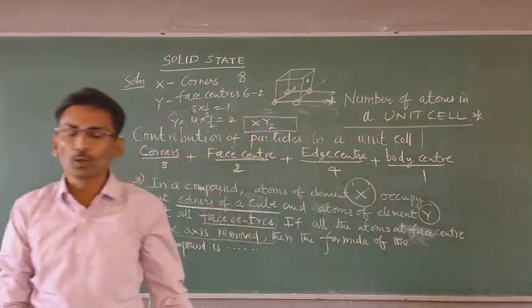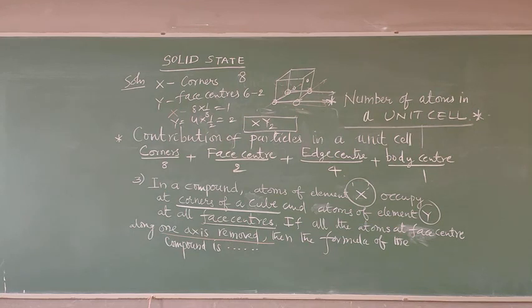I hope you followed this one without confusion. Once again, see the formula problem. In a compound, atoms of X occupy corners of a cube and element Y at all face centers. If all the atoms at face centers along one axis are removed, then what is the formula of the compound?